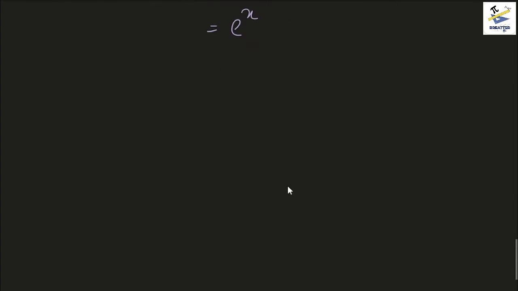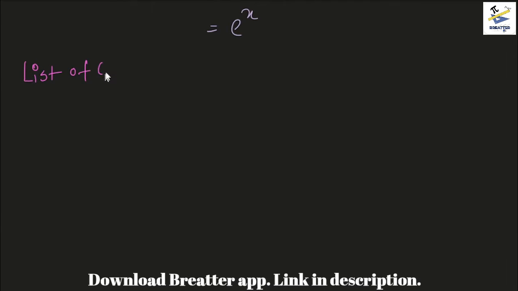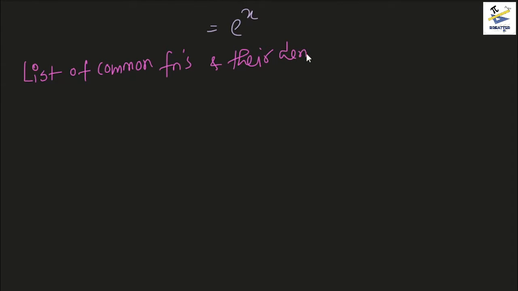Now once we are clear with the basic definitions of how to find derivatives, I can give you a list of basic functions and their derivatives. So let me write it down. List of common functions and their derivatives. From the next video onwards we will be trying to apply them and learn more about the chain rule.